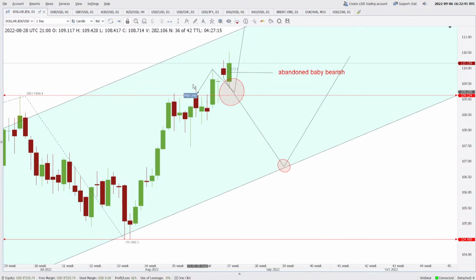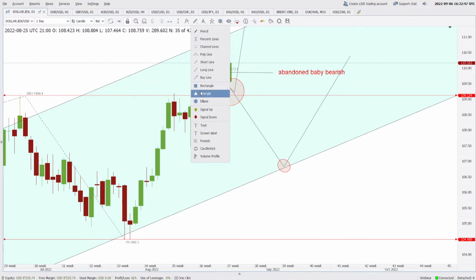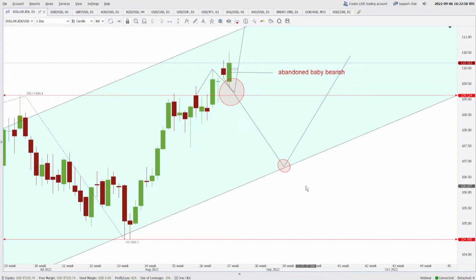Now what is an abandoned baby? An abandoned baby is like you have a candlestick, then you have another candlestick, like this is an uptrend.